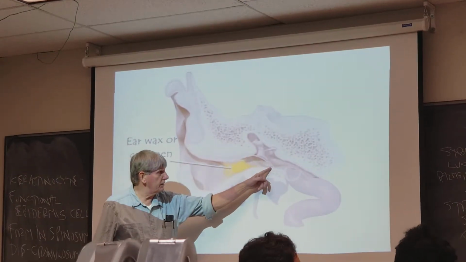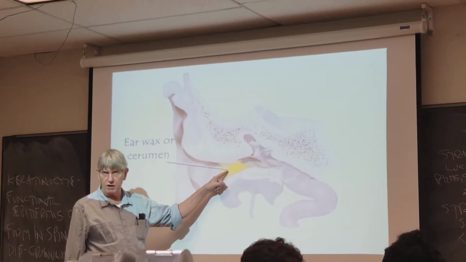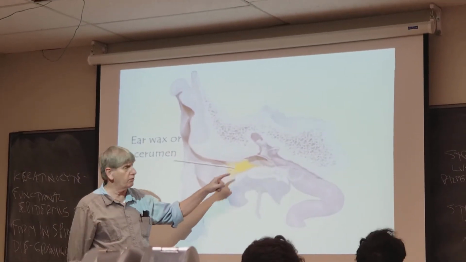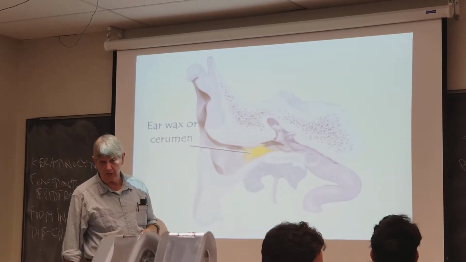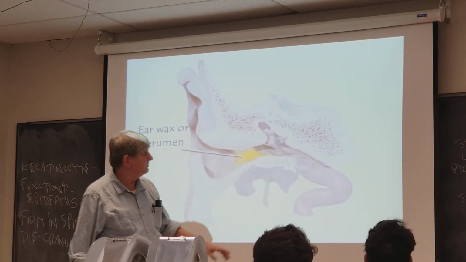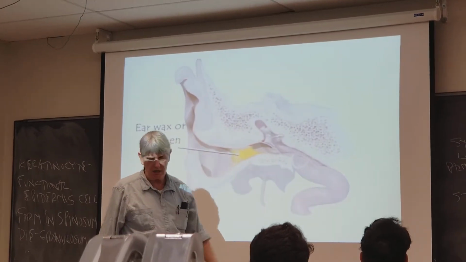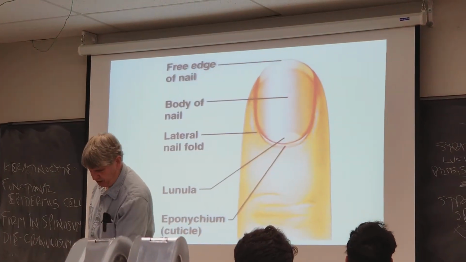Eardrum is located right there. Obviously, you can get way too much, and that will cause a lot of problems. But again, they're only found in the ear canal. And again, it's part of trying to keep debris away from the eardrum, which is right at that point right there.